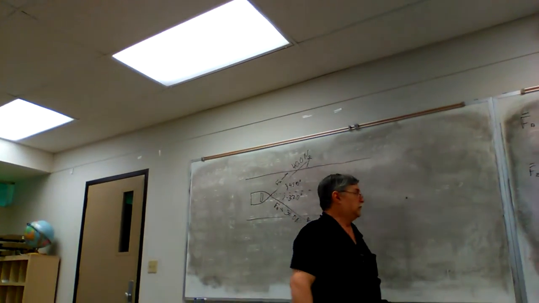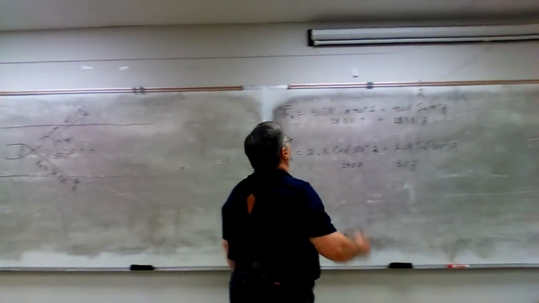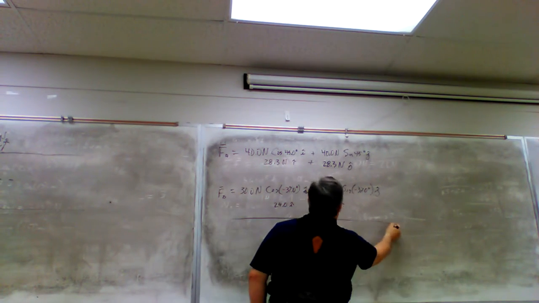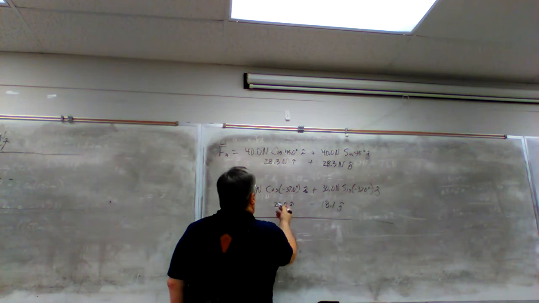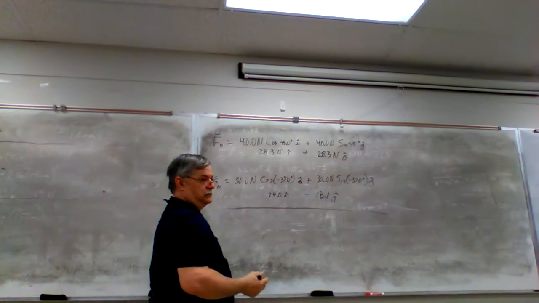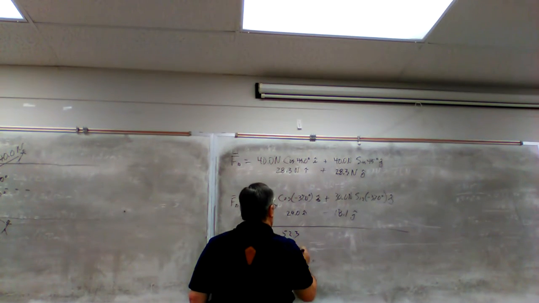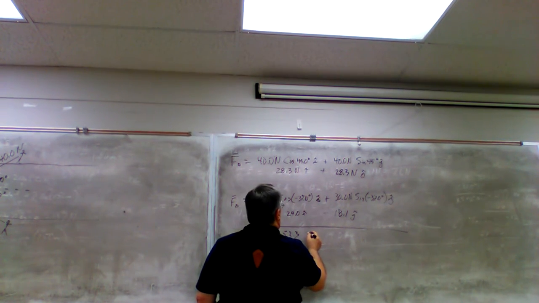So, the net sum of these two vectors is 28.3 plus 24, which is 52.3 i.